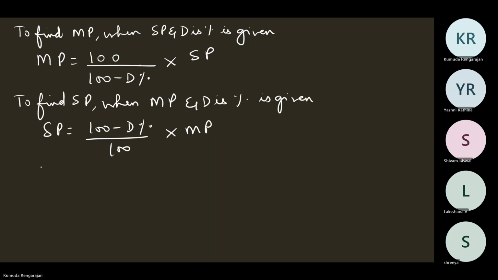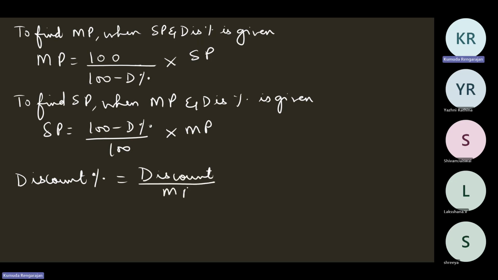And then to find the discount percent, it is discount by marked price. Like profit percent and loss percent are always based on the cost price, in the same way, discount is based on the marked price. So discount by marked price into 100.